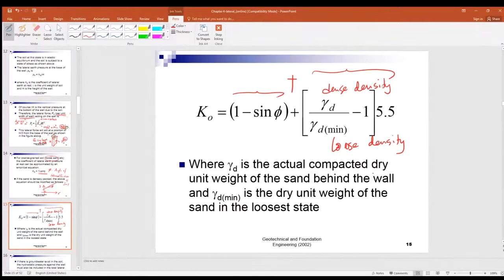The right hand side is the correction factor for the density of the soil if the sand is in a dense state rather than a loose state. But here you got loose state only, and you got here the dense state. Okay, that's the correction to be applied to work out the K naught for sand.